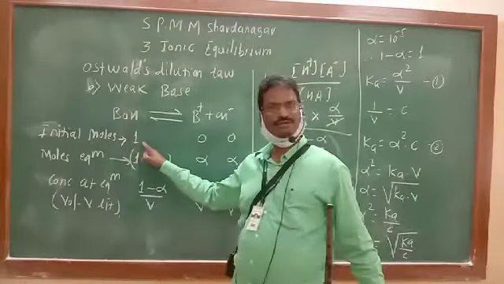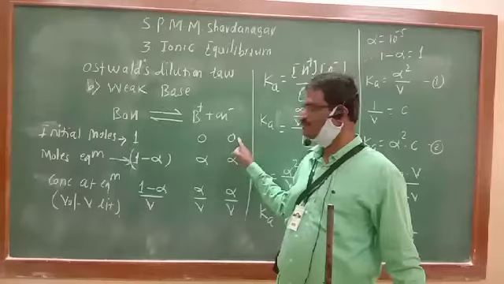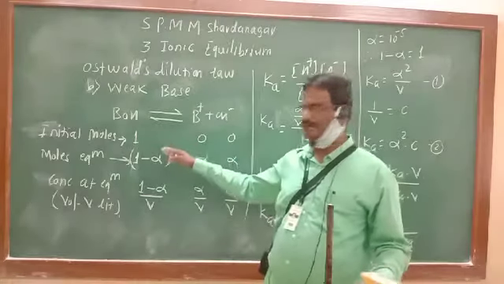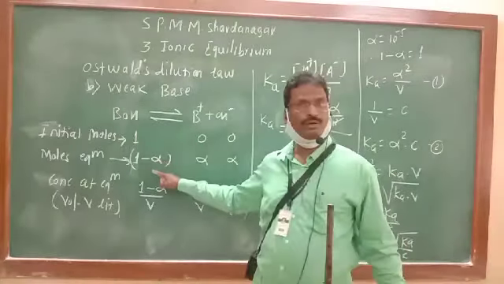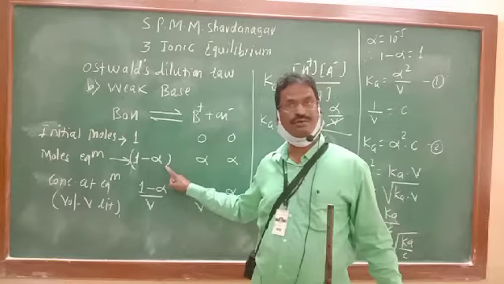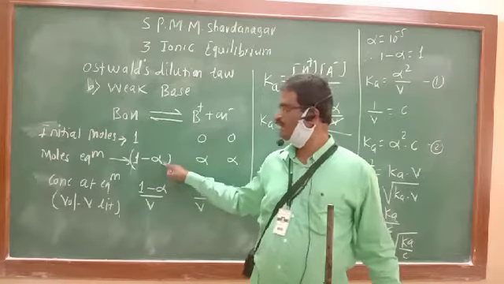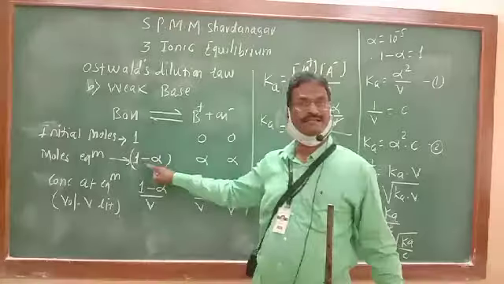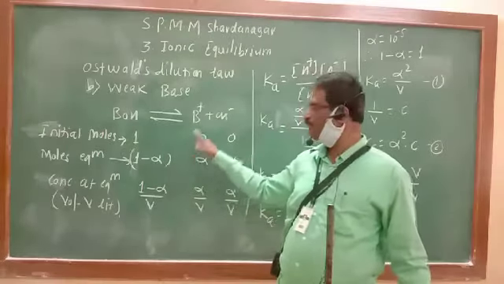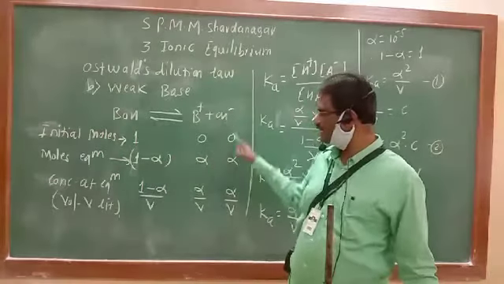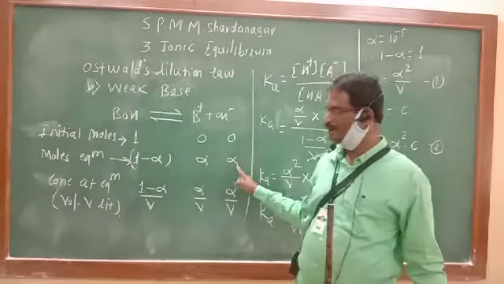Initially 1 mole of BOH is taken, this is 0, this is also 0. At equilibrium, out of 1 mole, if alpha moles undergo dissociation, then moles at equilibrium of weak base is 1 minus alpha, B plus is alpha, OH minus ion is also alpha.